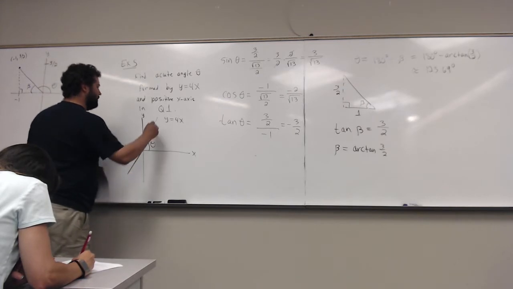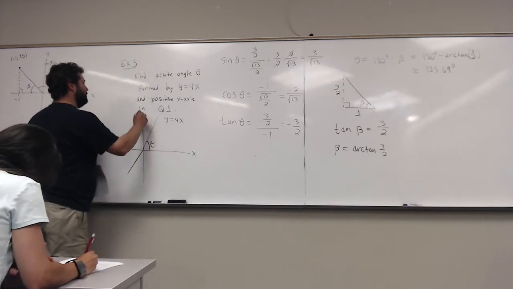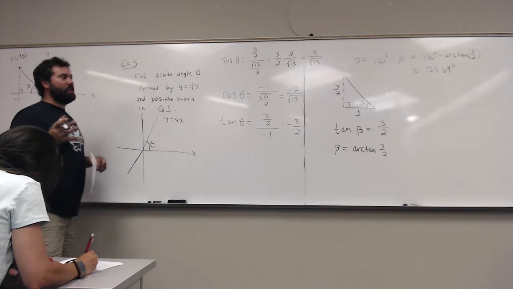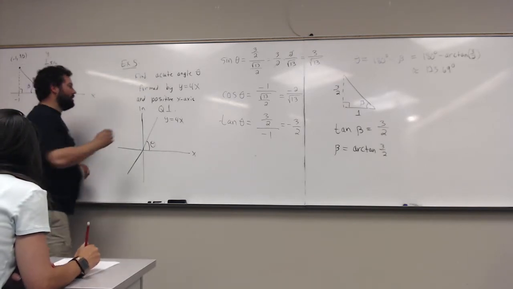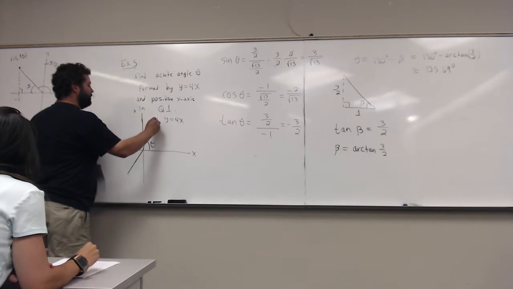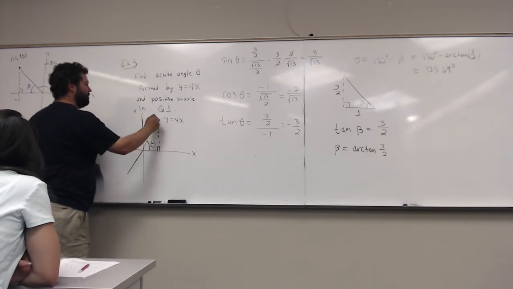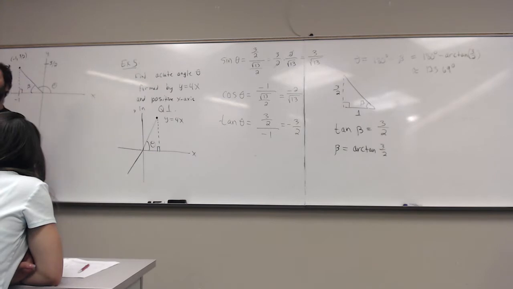Now here's a little trick. If I'm going to use that angle determined by a point, what we should probably do is pick some point on the line. What's the easiest thing I could plug in for x, other than 0? 1.